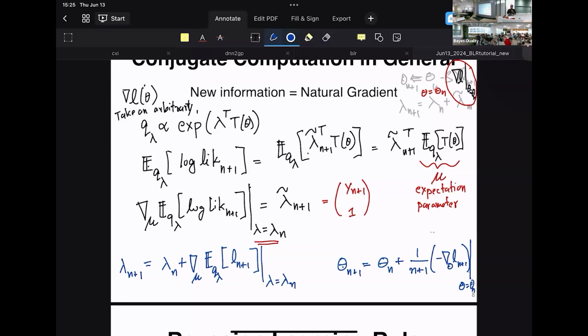Okay, so you could see that it's almost equivalent, except the fact that the gradient is outside here. It actually has nothing to do with the loss. It's with respect to this lambda that's in the expectation, right? While here the gradient is of the loss, so it seems very unnatural.